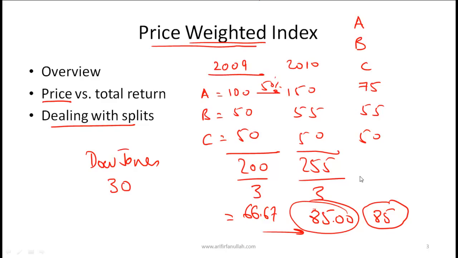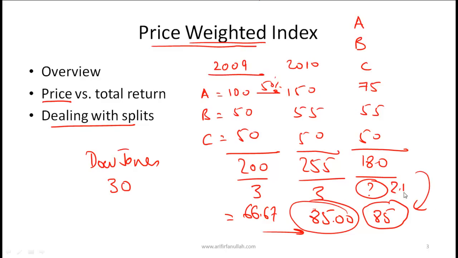And how do we account for that? We do so by changing the denominator. Notice that now the sum of the share prices is 180. So we need to decide what to divide 180 by in order to get 85.